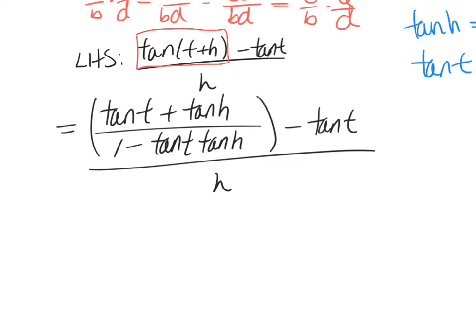Okay. What I have is a complex fraction, right? I have a fraction within a fraction. How do I get rid of a fraction within a fraction? I multiply by a common denominator throughout the entire thing. My common denominator is going to be this. So I'm going to multiply each term by that. I'm going to multiply the denominator by that.